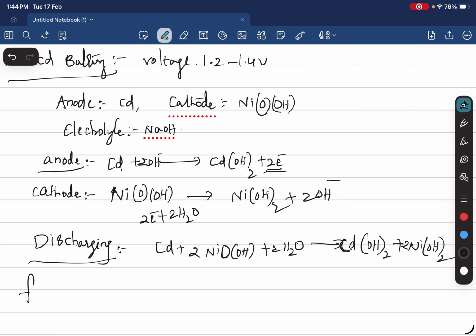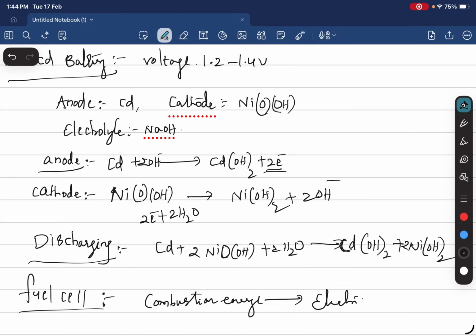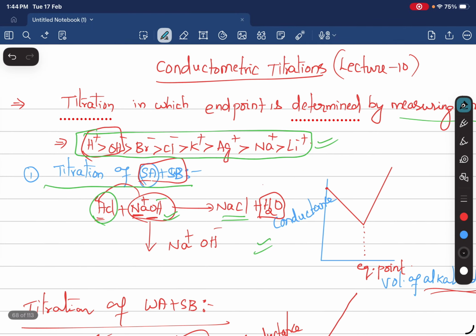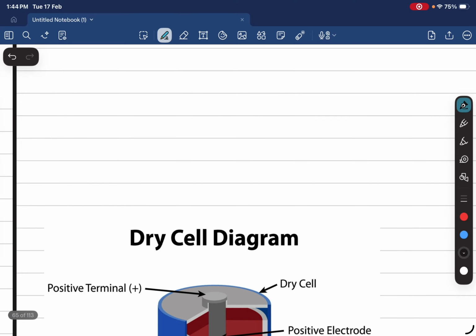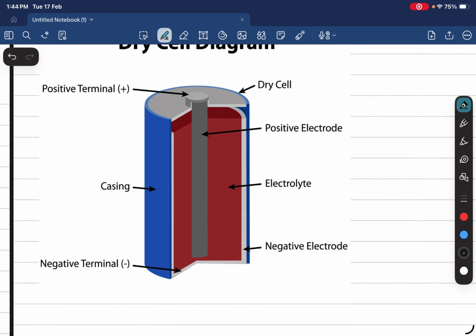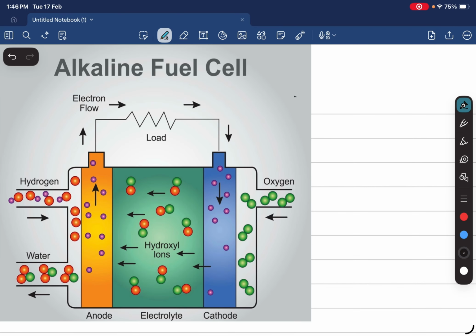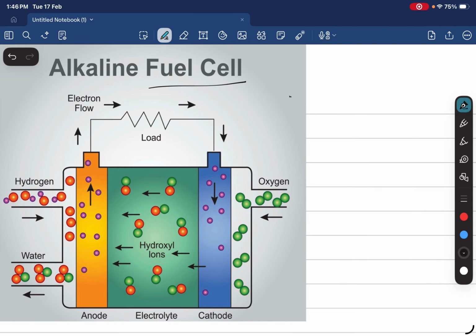So coming to the next cell, the fuel cell, the cell which is used to convert combustion energy directly to electrical energy. This is the alkaline fuel cell.